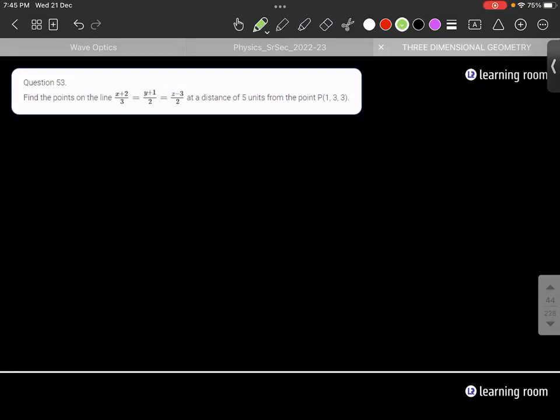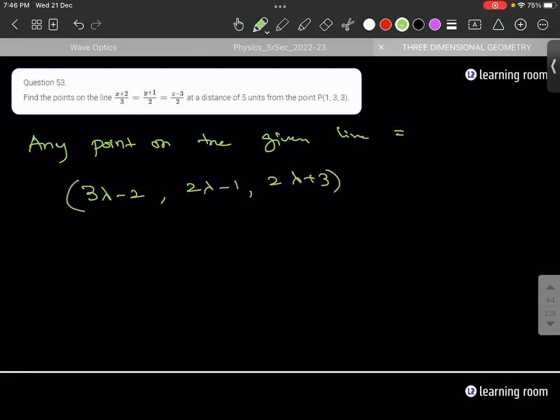Find the points on the line at a distance of 5 units from the point (1, 3, 3). So any point on the given line is 3 lambda minus 2, comma 2 lambda minus 1, comma 2 lambda plus 3. Am I right?